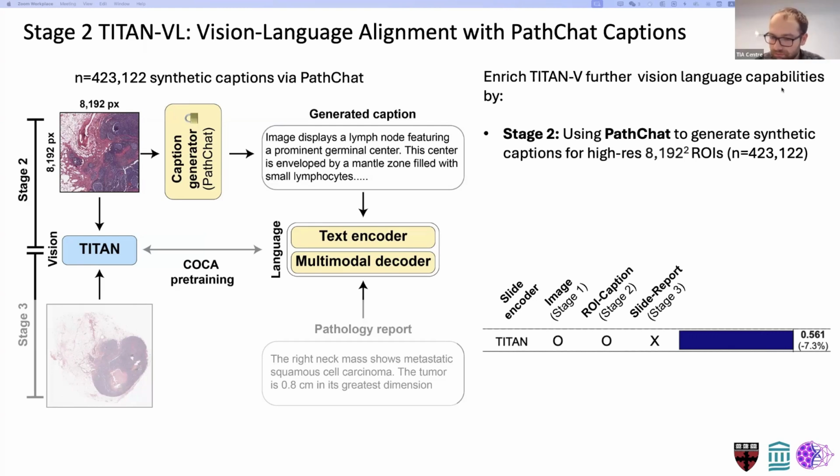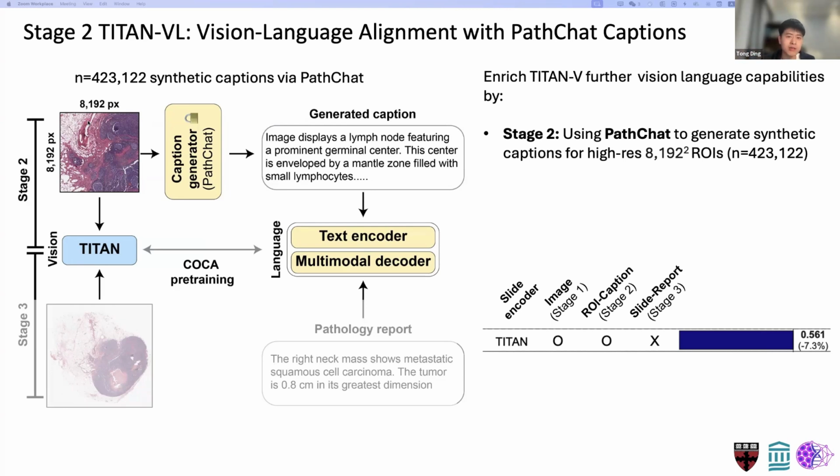So when we were using PathChat, what we gave PathChat was the tissue site of the slide, but we didn't give the diagnosis or label of the slide, because we don't know if this region contains tumor or not. We randomly sampled a bunch of 8K by 8K regions and generated the captions.